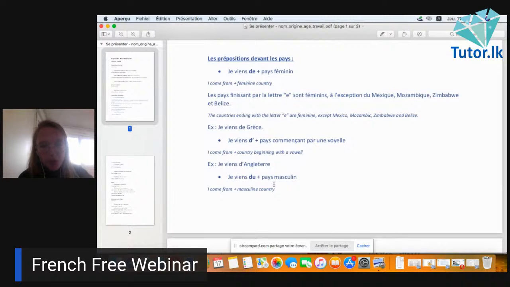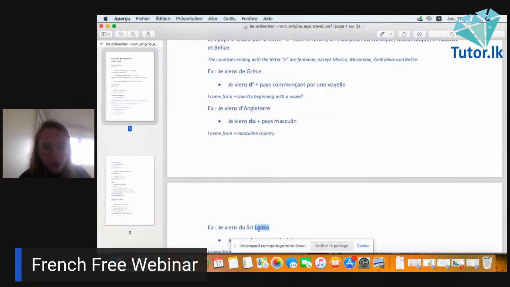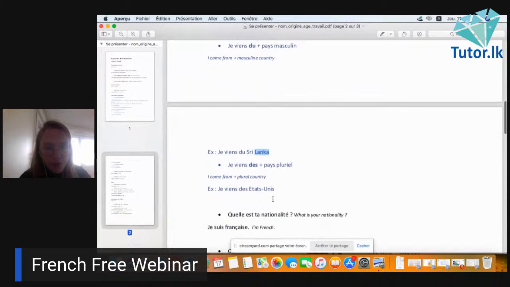So when the country is masculine, you use the preposition du. Je viens du Sri Lanka. When your country is plural, for example, United States or Netherlands, you'll use the preposition des. Je viens des États-Unis. I come from United States.